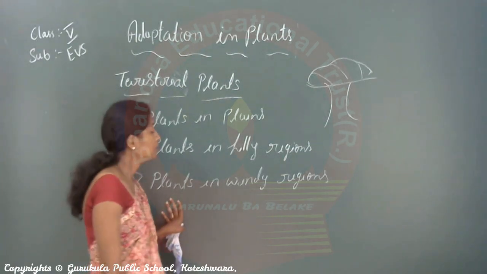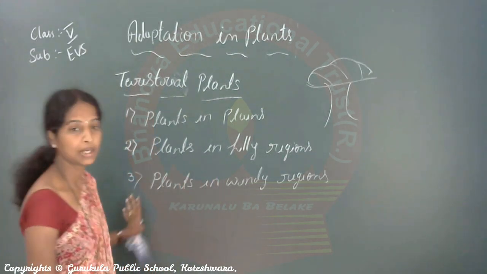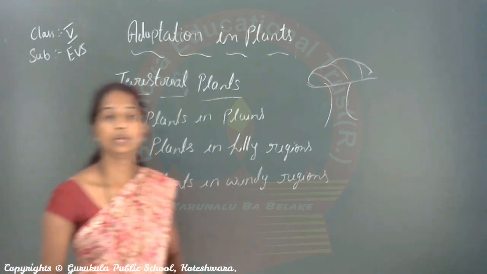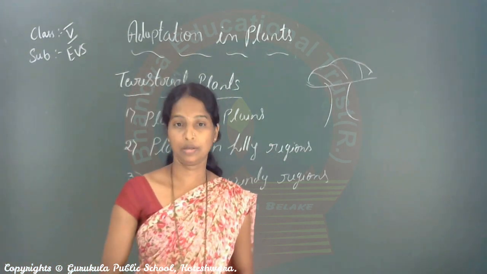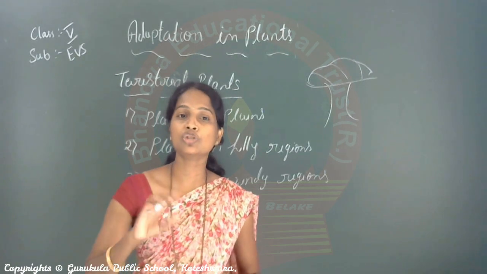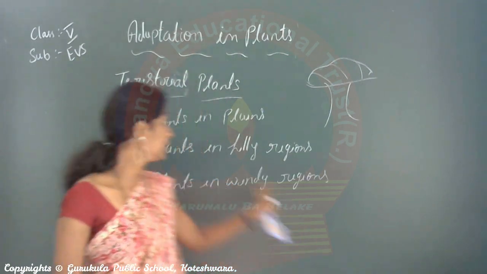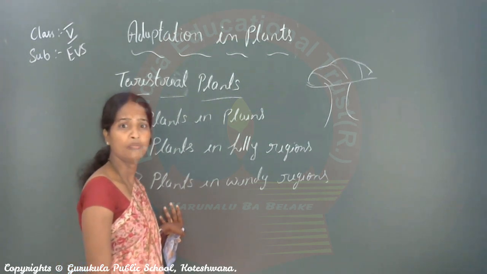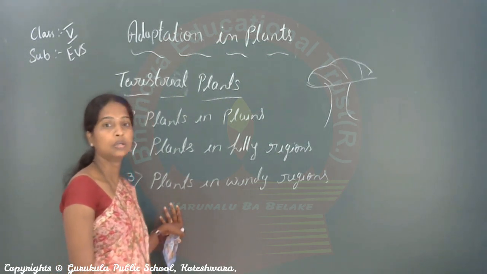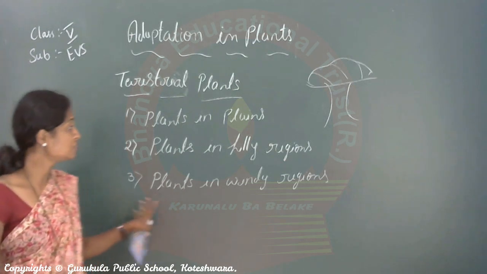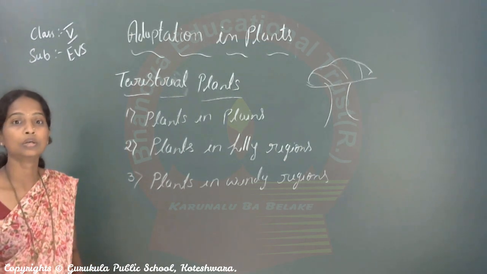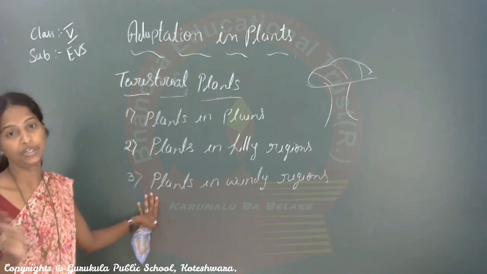See, flat and umbrella shape. In windy regions there are heavy winds. The plants which grow in these areas cannot bend, or they would be broken by strong winds.